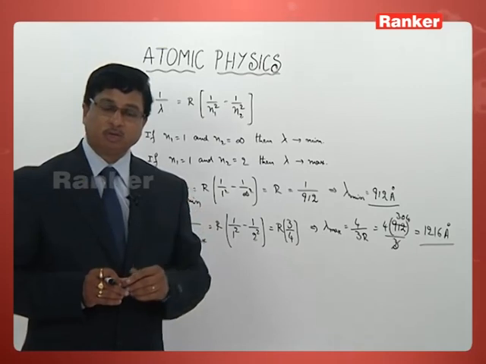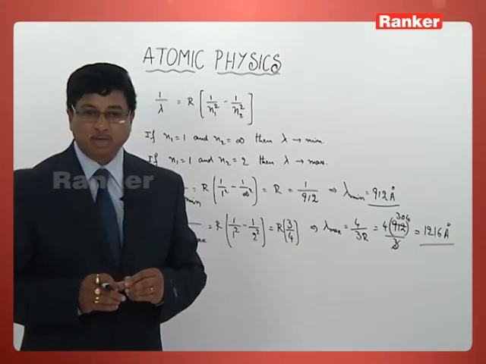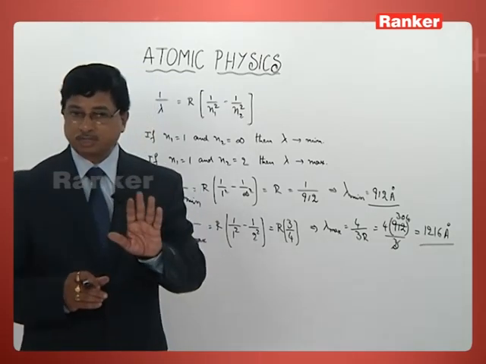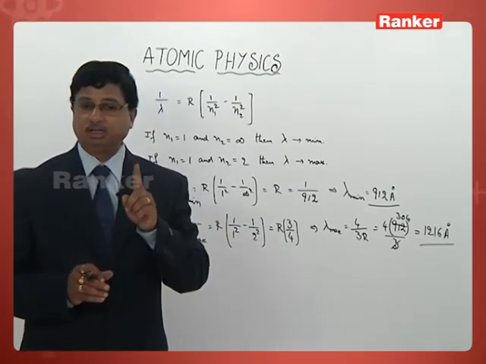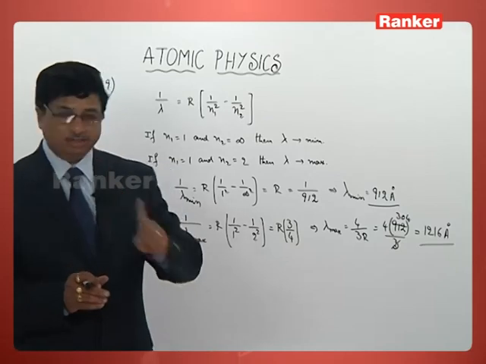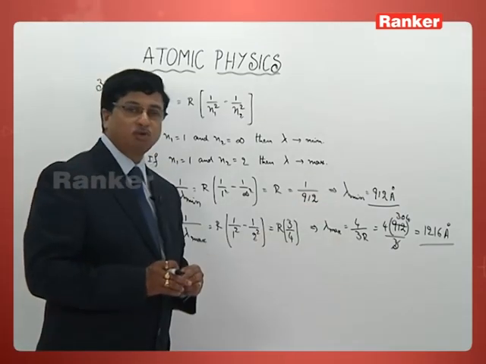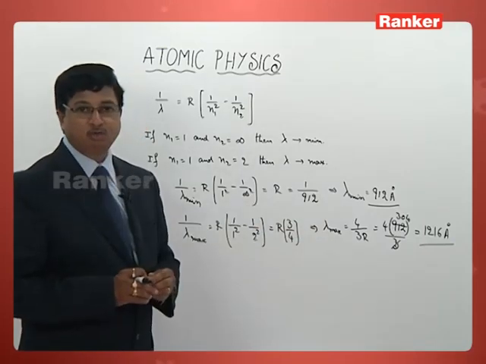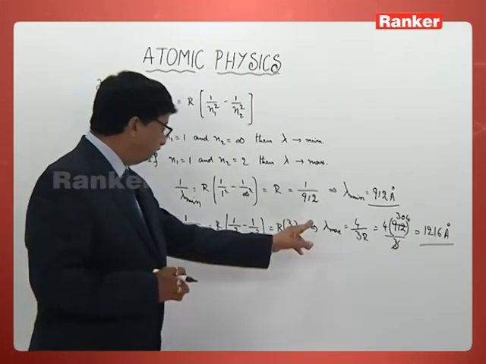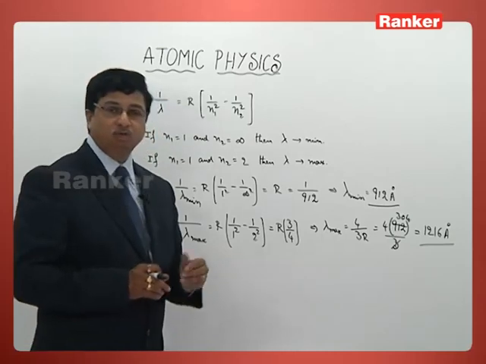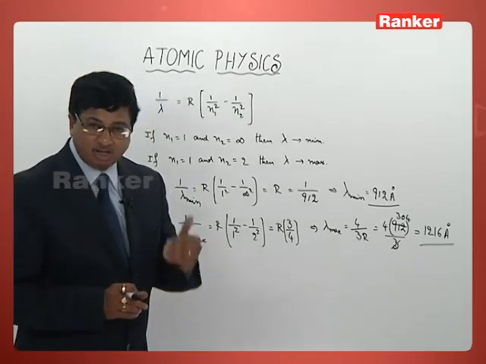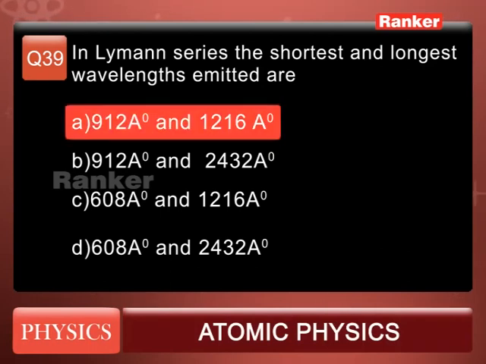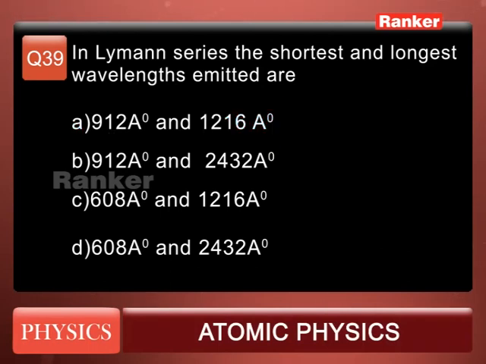And of course the fourth one, 608 angstrom and 2432 angstroms. Four options are given that way, and ultimately the very first option is exactly the same values we have calculated just now. So lambda minimum is 912 angstrom units and maximum value of lambda is 1216 angstrom units. Therefore, the correct answer for this particular problem is A.